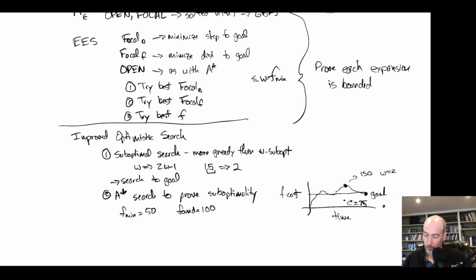So by basically ignoring the bound as I do the search, waiting till I get to the goal, I get this additional information through the search that may make it easier to prove that the goal is bounded, based on both the maximum f cost I've expanded during the search, and also just based on the fact that the goal could have lower f cost, so that it may be easier to prove even looking at the start state.